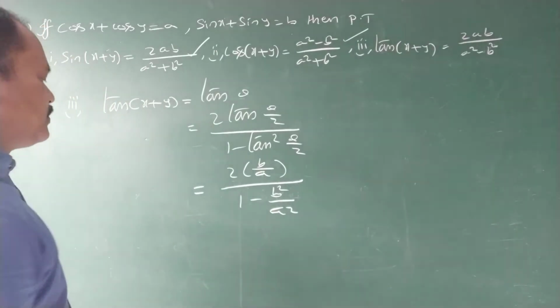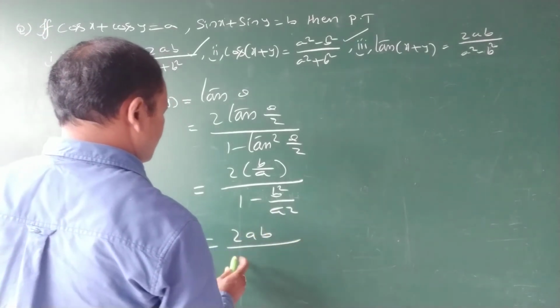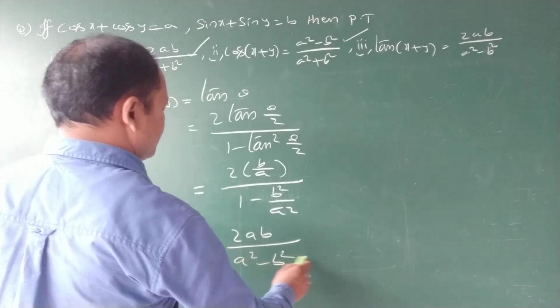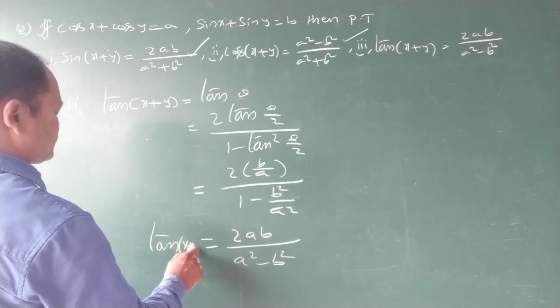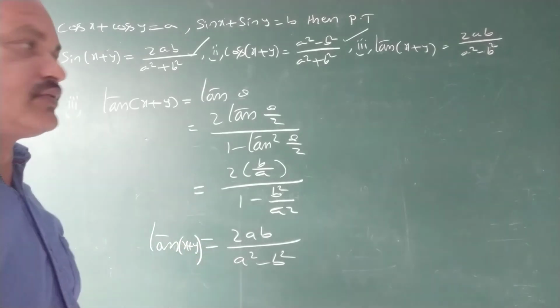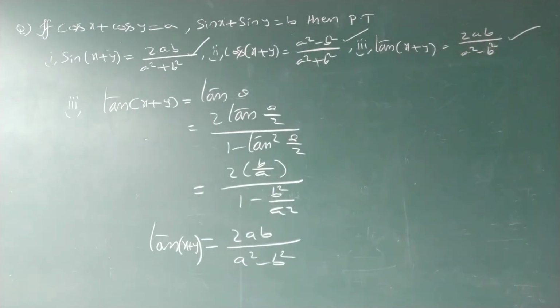After simplification we get 2ab by a square minus b square. So tan(x plus y) is equal to 2ab by a square minus b square, and the third one is completed. Now we are going to the next question.